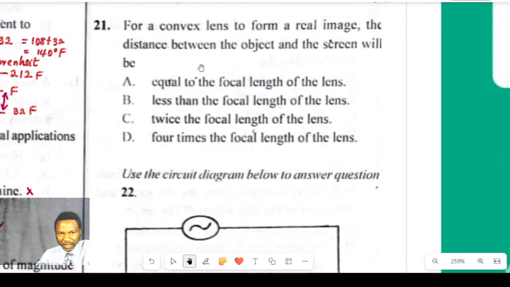Number 21. For a convex lens to form a real image, the distance between the object and the screen will be twice the focal length of the lens.